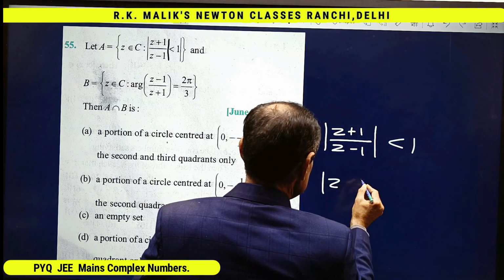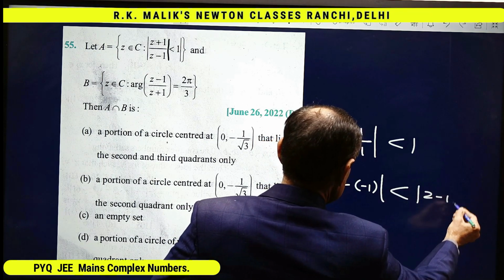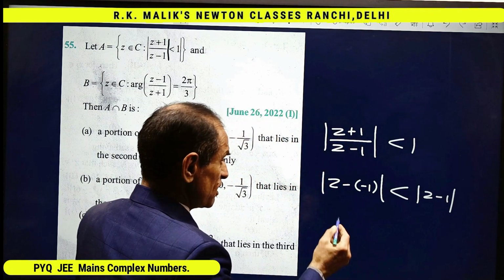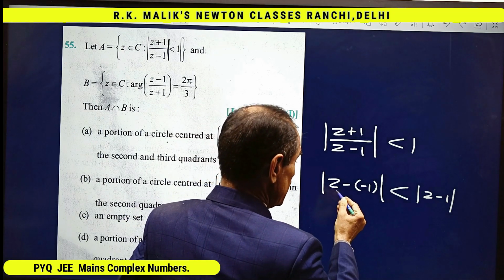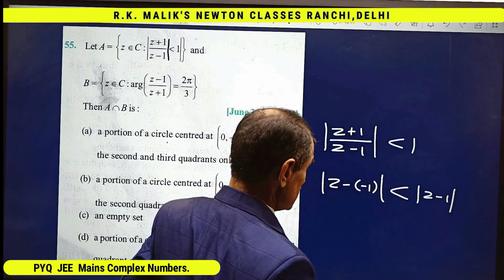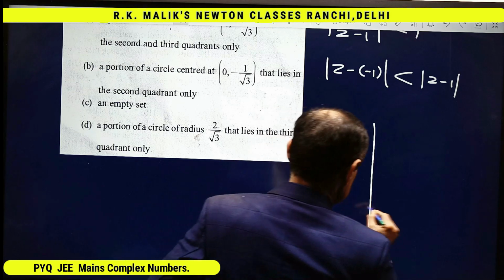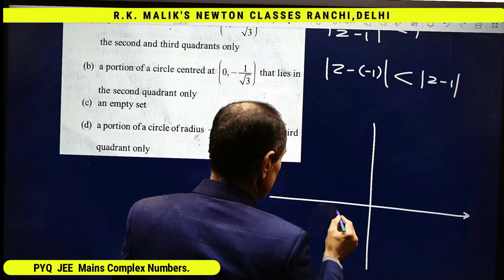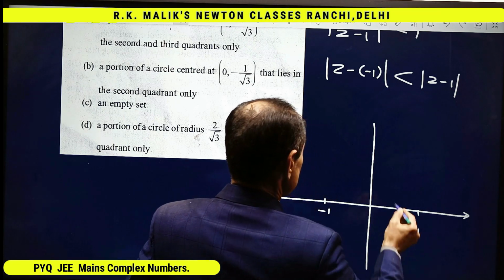That is, mod of (z plus 1) is less than mod of (z minus 1). That is, z is a complex number such that its distance from minus 1 is less than its distance from 1.